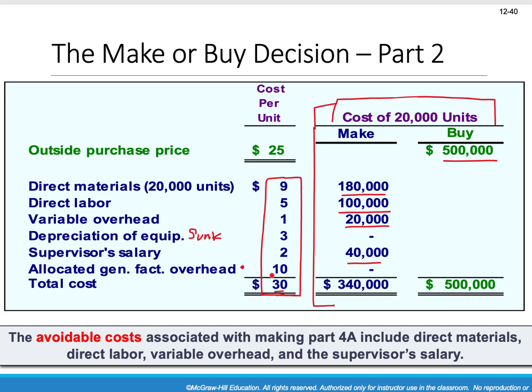So the avoidable costs that are associated with Part 4A, those are the direct materials, the direct labor, the variable overhead, and the supervisor salary. Those are the costs that differ based on the decision I make. If I decide to buy, I avoid those costs. Okay?